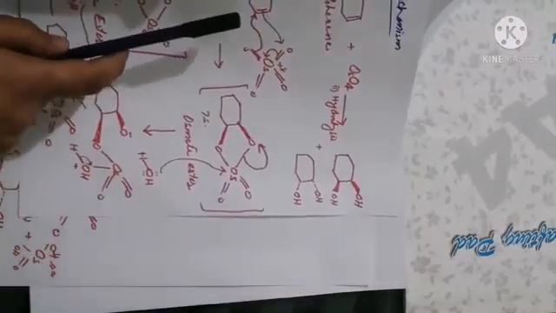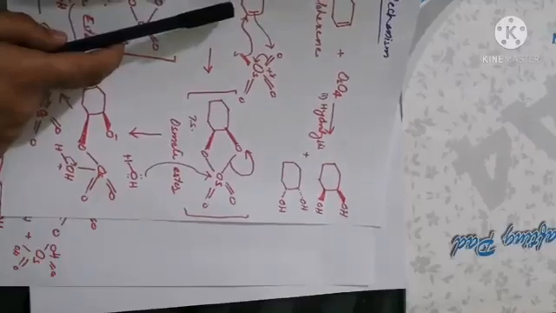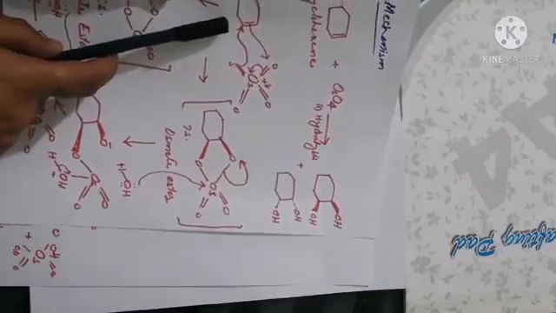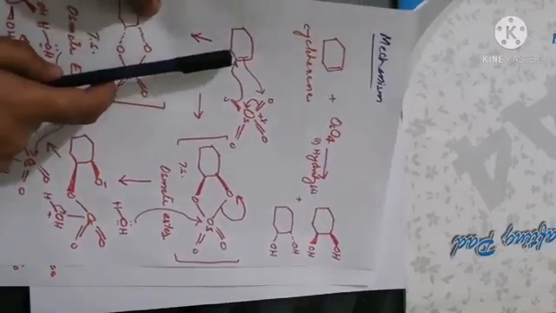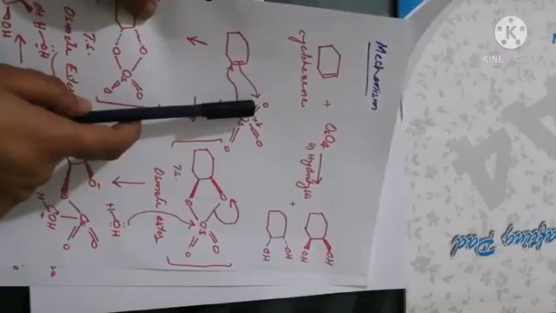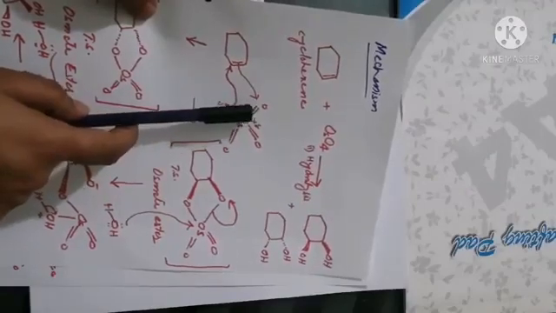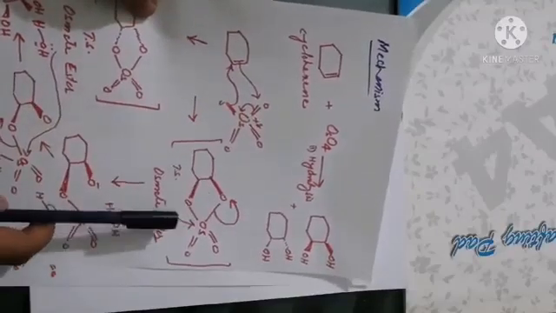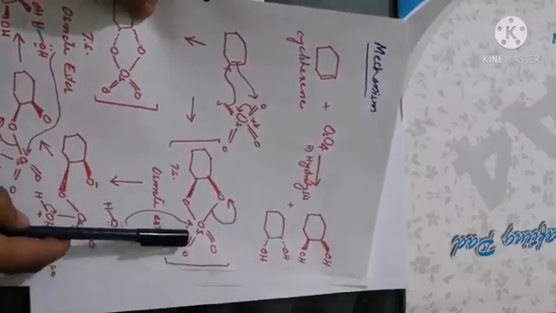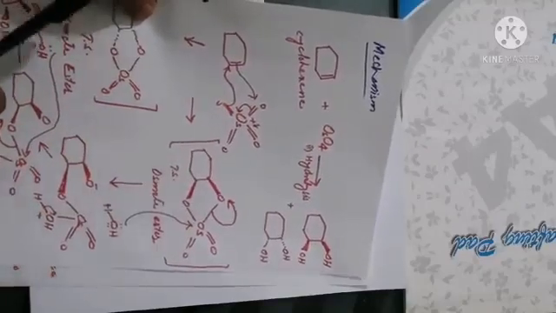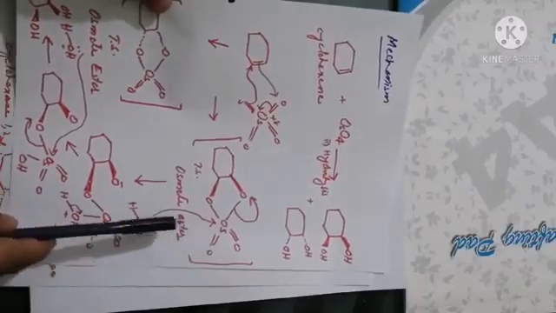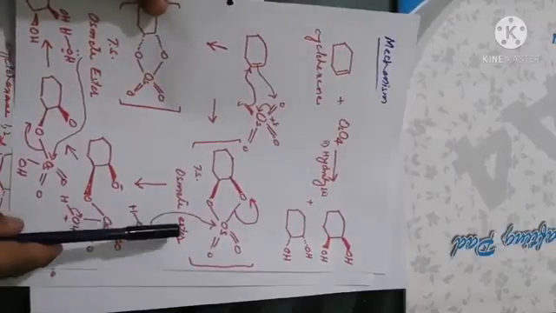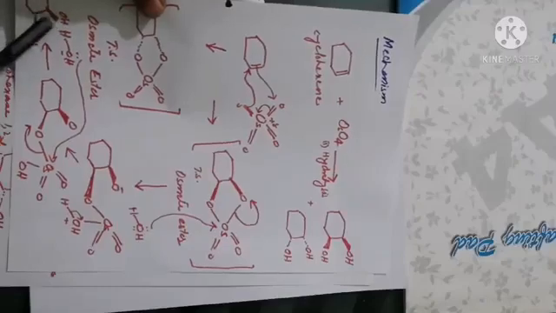In the first step, there is the attack of the nucleophile, the olefinic double bond acting as a nucleophile, on this oxygen, which is electron deficient because of this cyclic structure. In the first step, we get this cyclic transition state, that is the cyclic osmate ester is formed. In the next step, the hydrolysis of this osmate ester finally produces this syn 1,2-diol.